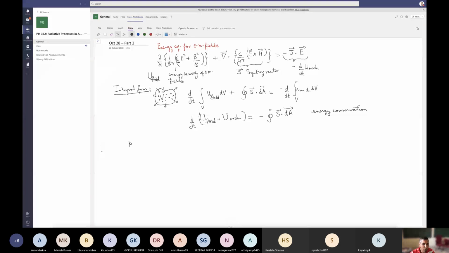So we recall in the photon picture that the photon momentum is... not able to type right. Just a sec.